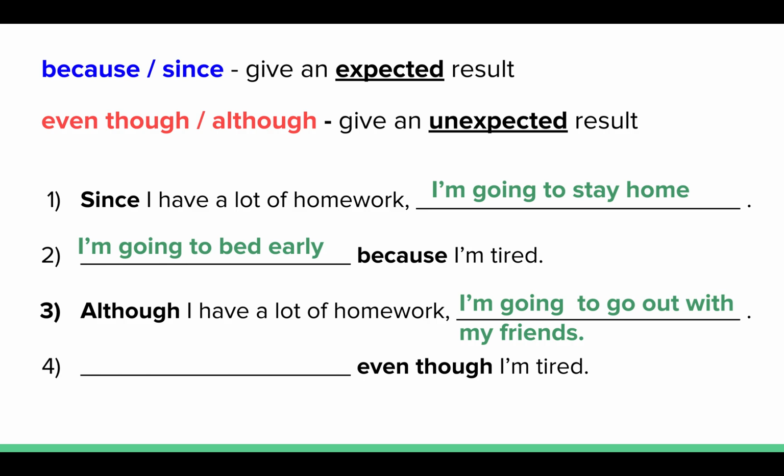Again, remember that man going, oh my gosh, right? It's surprising, right? If you have a lot of homework, you should stay home, but you're doing something different than expected. Number 4, I'm going to play soccer even though I'm tired. Once again, kind of unexpected or surprising that you would play soccer even though you're tired.